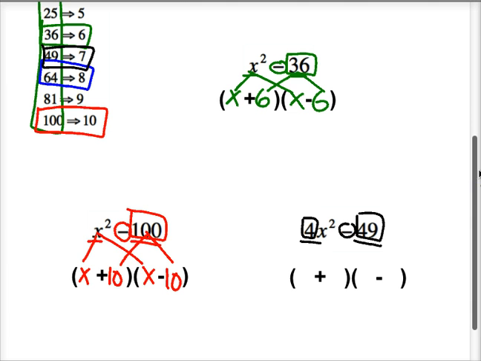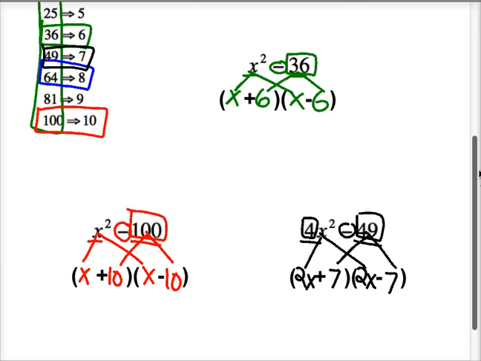So this time that 4 breaks up just like the x squared does. So the x squared breaks up into x and x. The 4 breaks up into 2 and 2. Then that 49 we just showed breaks up into 7 and 7.